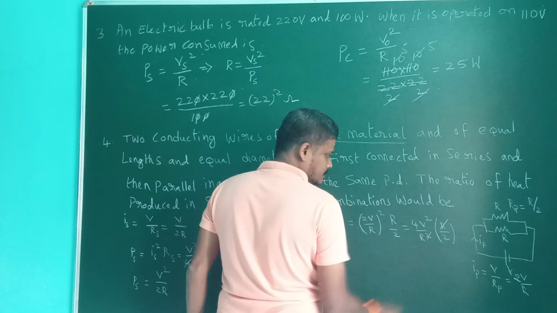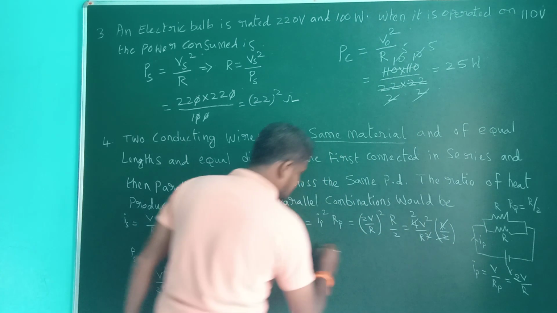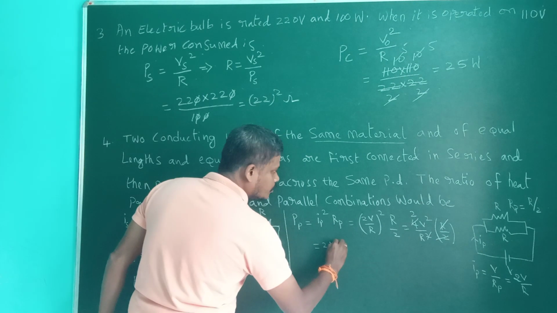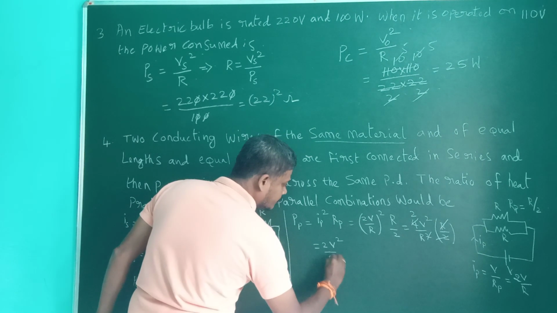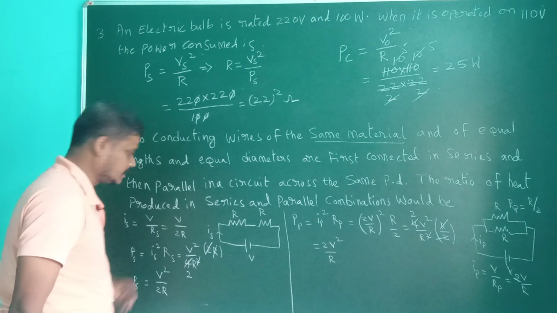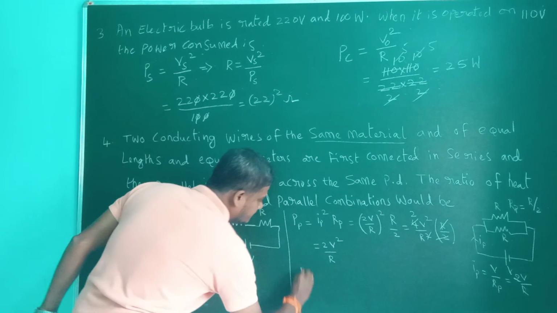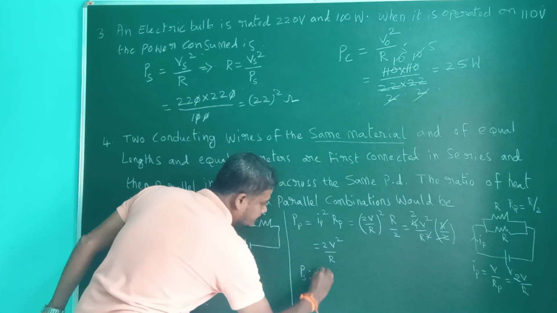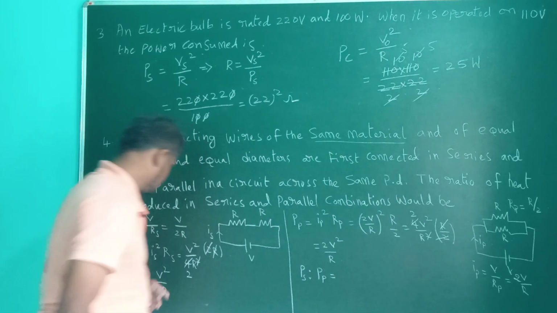R gets cancelled, 2 2s are, that is 2V square by R.